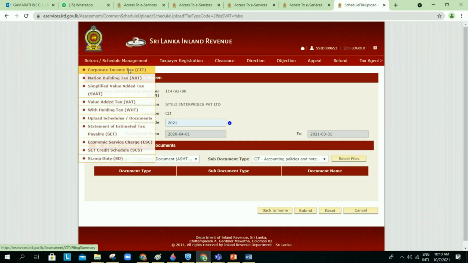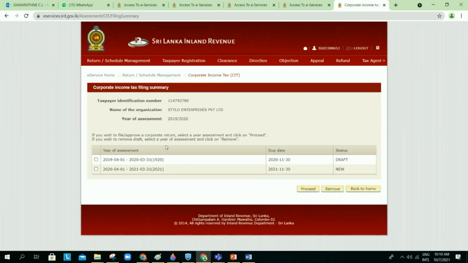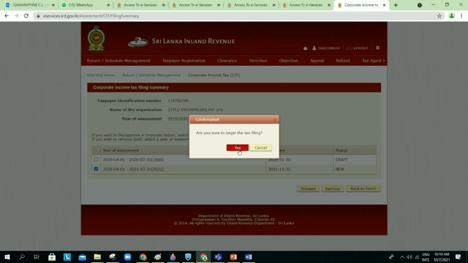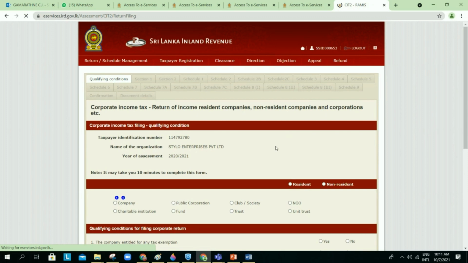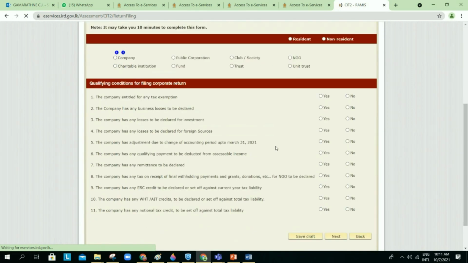Then when we go to the corporate return, proceed. You can submit only the relevant information. These are the qualifying conditions.